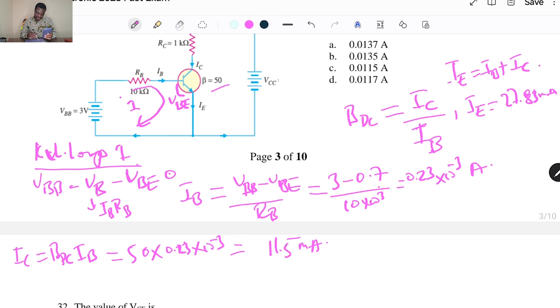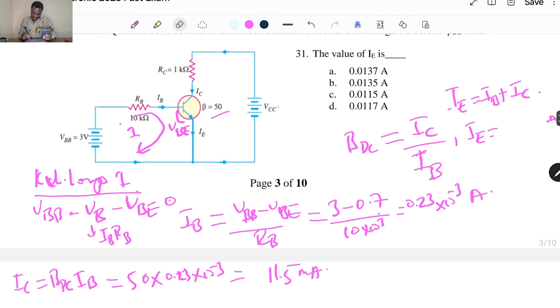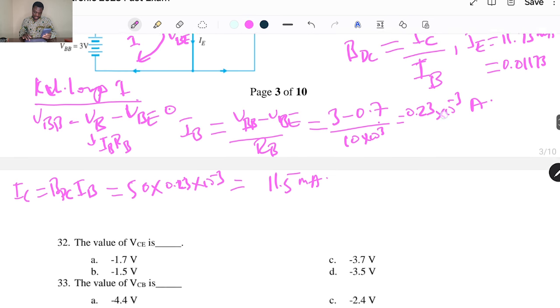Once we do the addition, 11.5 plus 0.23 will be 11.73 milli, which is close to 10 power minus 3, that's just going to be 0.0173. So our answer is going to be D.